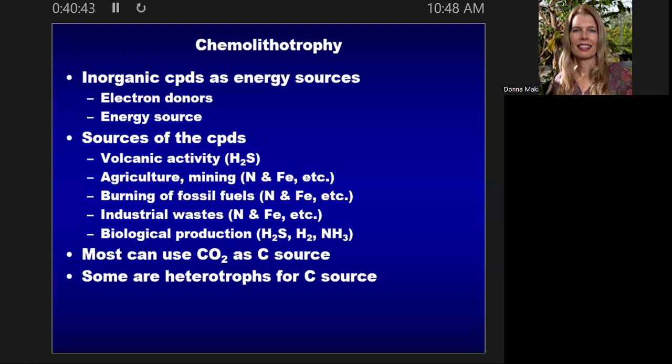We have to eat something that was once living, that's organic, in order to get our carbon. So this is really bizarre. This is so different from what we do. We can't do this. By the way, if they are heterotrophs, where they have to get their carbon from some organic substance, but then they grab electrons from inorganics, so they're kind of a foot in each world, we call them mixotrophs. They kind of mix it up.